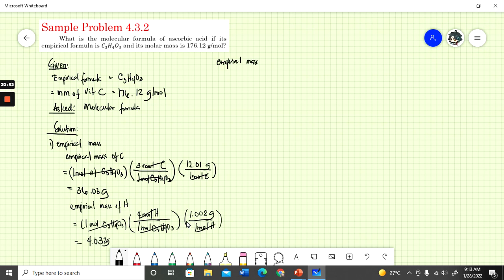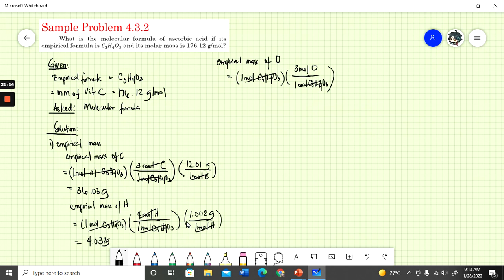And then next, you want to find the empirical mass of oxygen. Again, 1 mole of C3H4O3 multiplied by 3, since there are 3 moles of oxygen in 1 mole of C3H4O3.